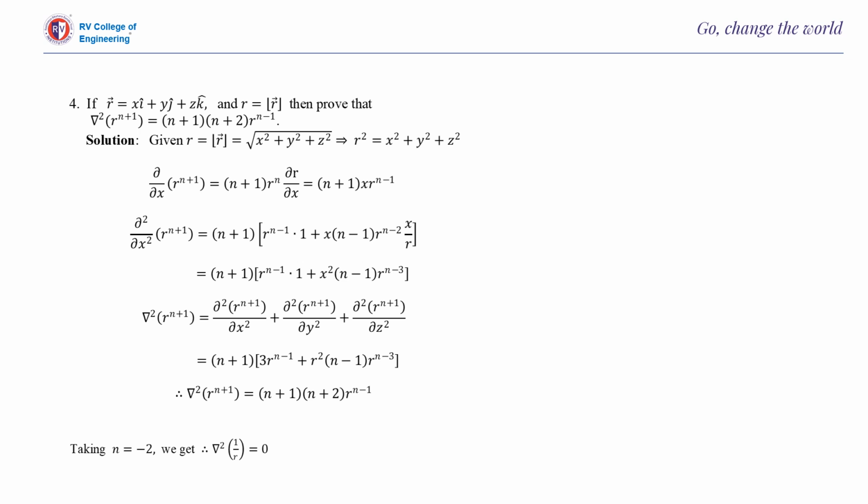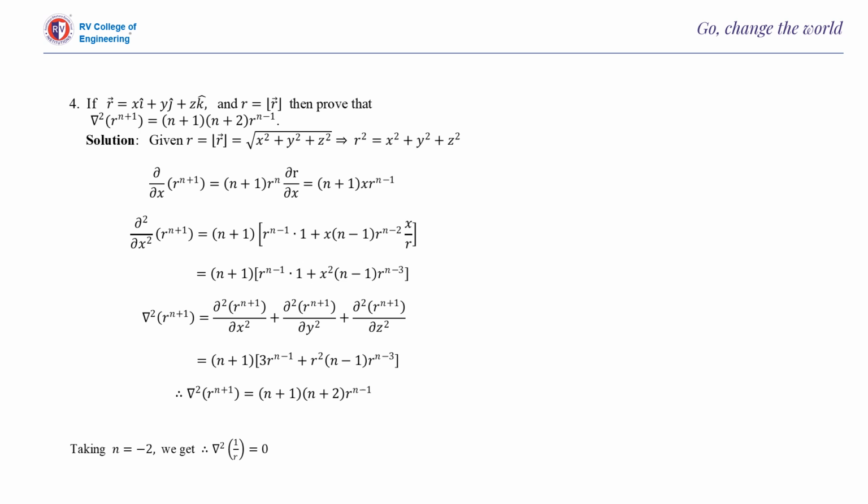Similarly, on differentiating with respect to y and with respect to z, we will get the terms correspondingly: (n plus 1) of r to the power of n minus 1 plus y square of (n minus 1) into r to the power of n minus 3, and (n plus 1) of r to the power of n minus 1 plus z square of (n minus 1) into r to the power of n minus 3.